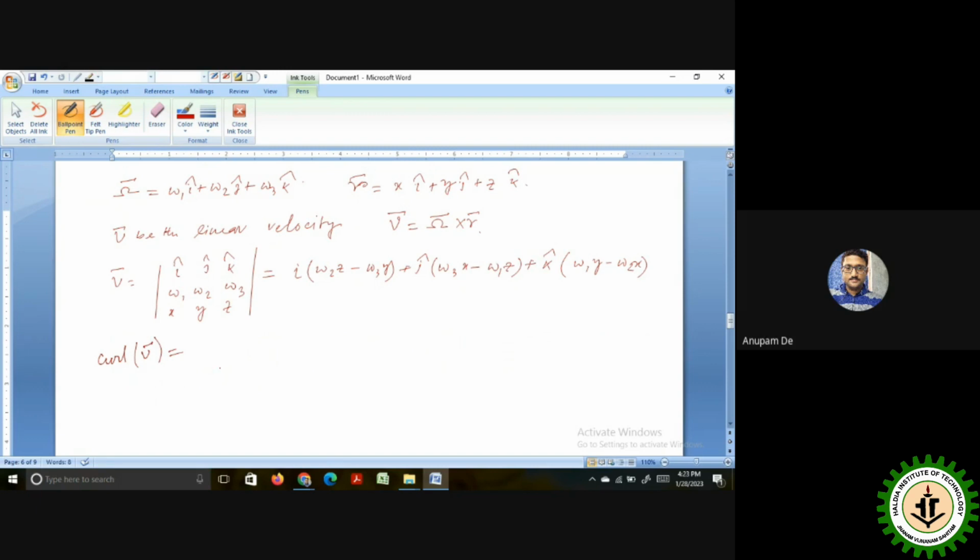The curl of v will be equal to i j k, then del/del x, del/del y, del/del z, then here omega 2 z minus omega 3 y, here omega 3 x minus omega. I have to write it in a bit clearer way. Okay, let me write it.